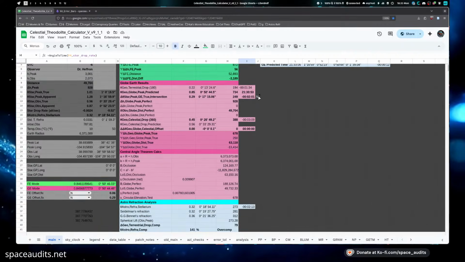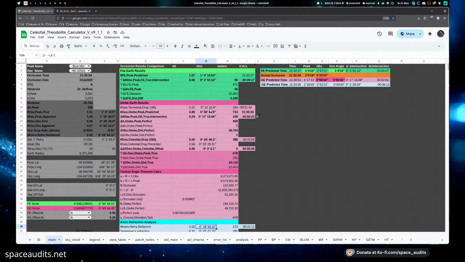The refraction amount comes out to be 2 minutes and 13 seconds there. So a full 18 arc minutes of lift over their central angle drop of 13 there, which gives them almost 200 meters of drop. So none of their measurements are manifesting as an occlusion that corresponds to a globe.